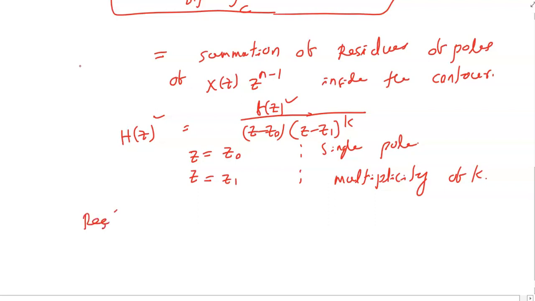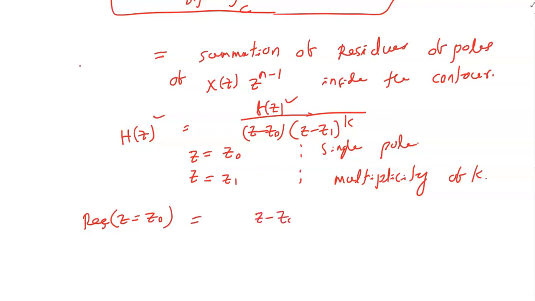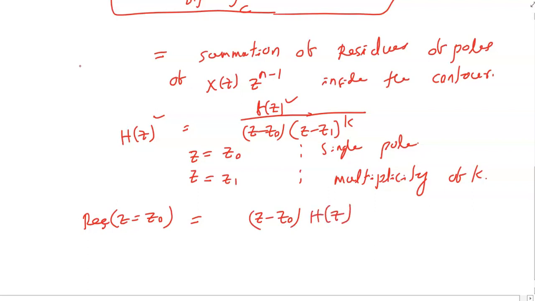So residue at z equal to z0 is simply calculated as (z minus z0) h of z evaluated at z equal to z0.